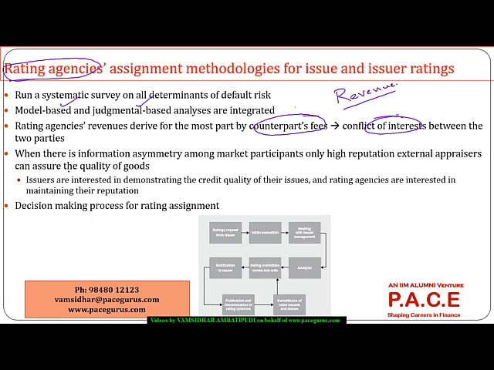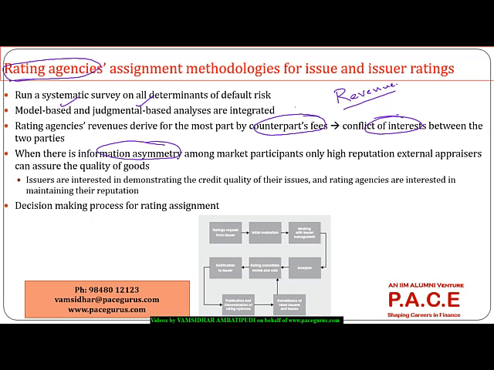So there is information asymmetry, right? One of the other reasons that I have to attribute is that there is information asymmetry among the market participants. Let's say we are talking about the investors. Not all investors have a good understanding about the market, right? Some of them blindly go with rating agencies' ratings.